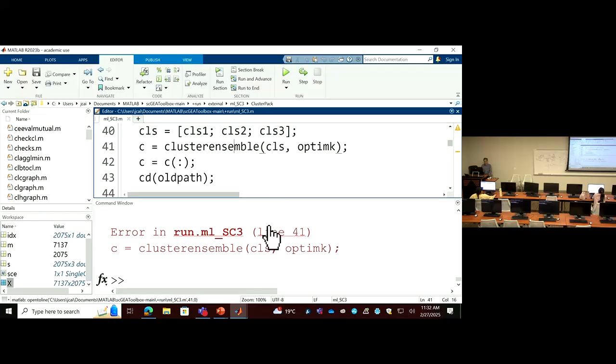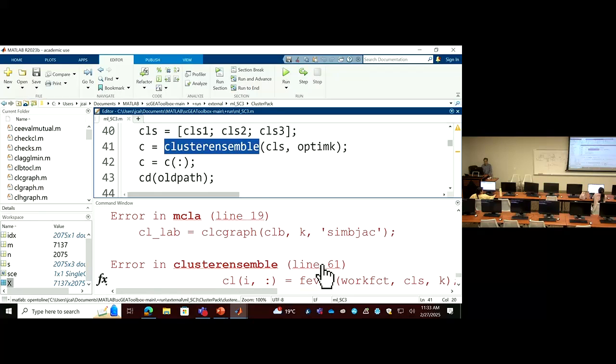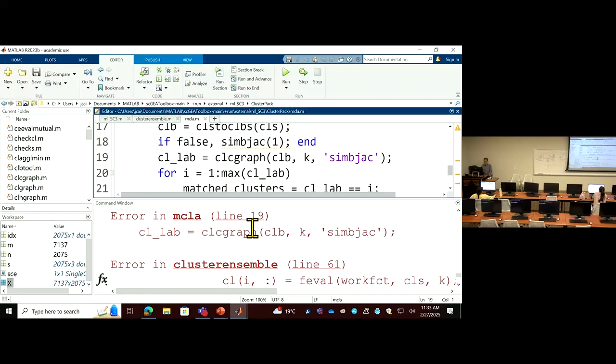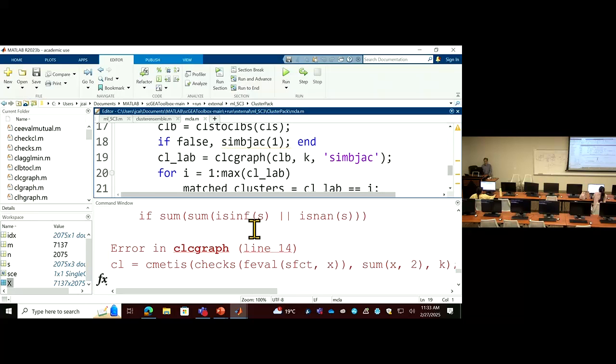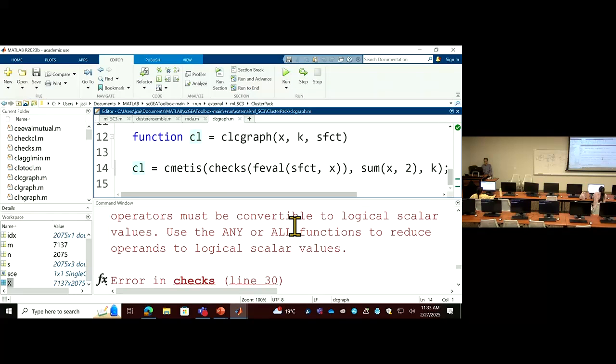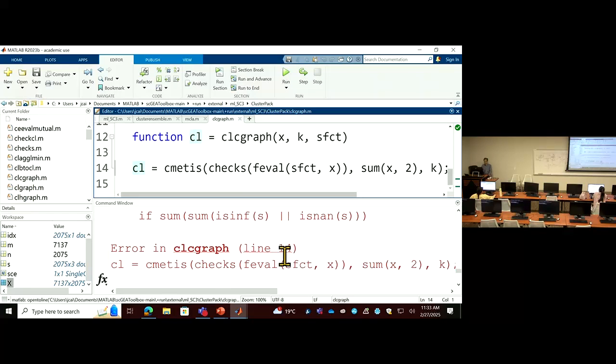So this relies on this function, and there's something wrong with this function inside here.